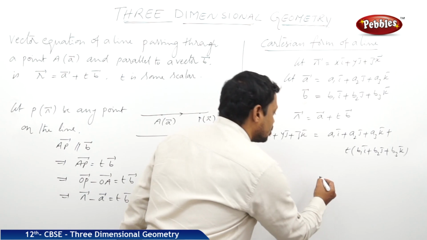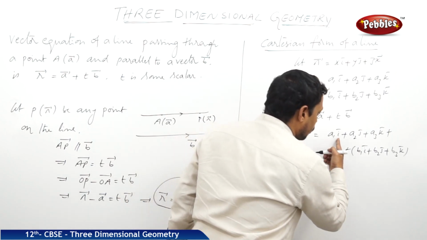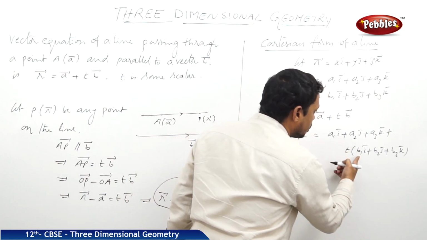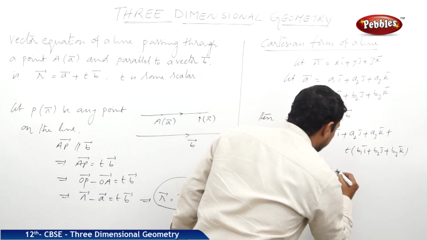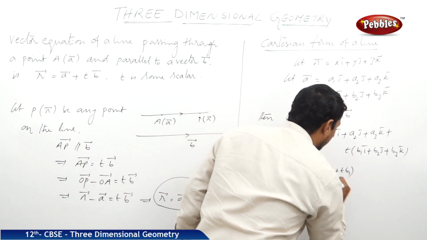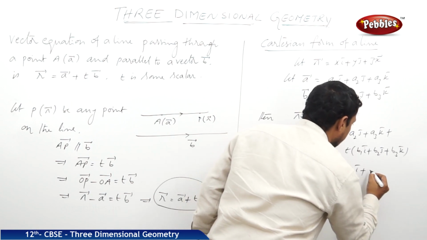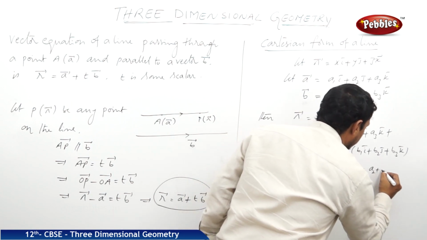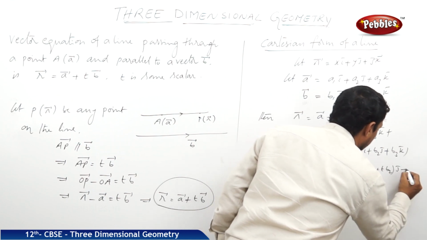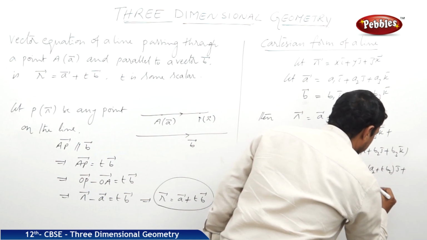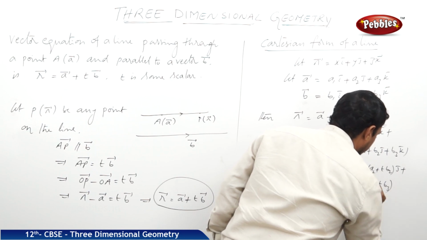Now when we add these two vectors, we get a1 plus tb1 into i vector plus a2 plus tb2 into j vector plus a3 plus tb3 into k vector.